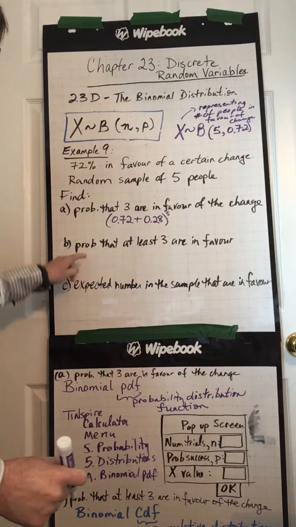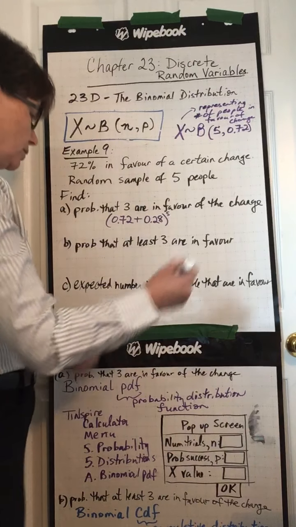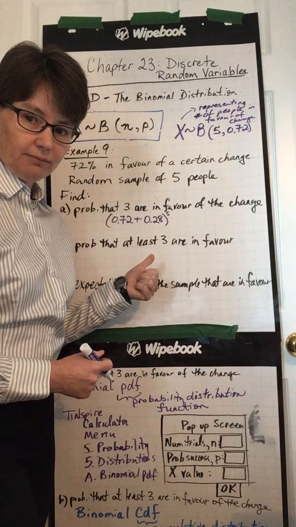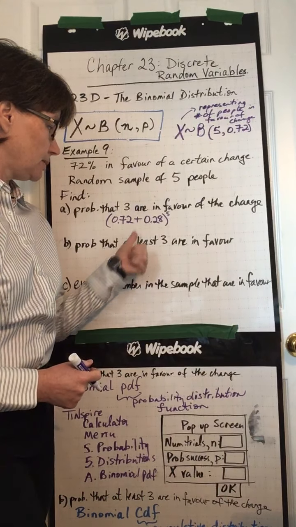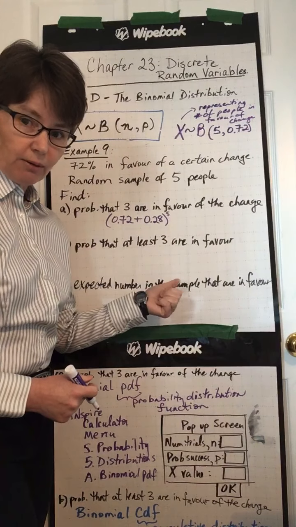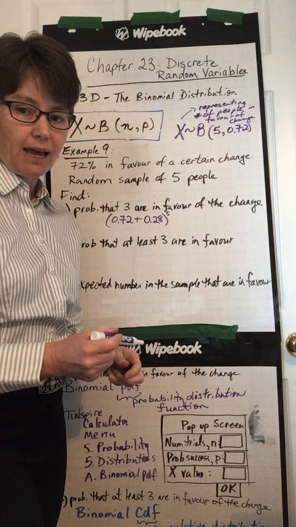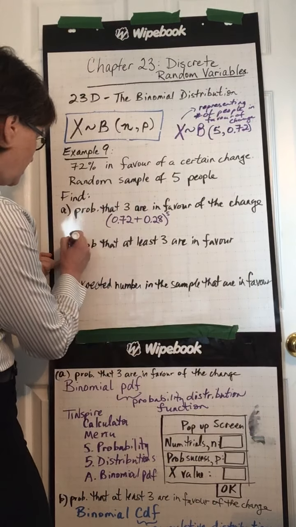So we would take that third term if this was a non-calculator question and then calculate it. Probability that at least 3 are in favor. If that's the case, we're going to need the ones that have 0.72 to the power of 3, also to the power of 4, also to the power of 5. So 3, 4, and 5, we would have to add all of those up. So we could do that out.